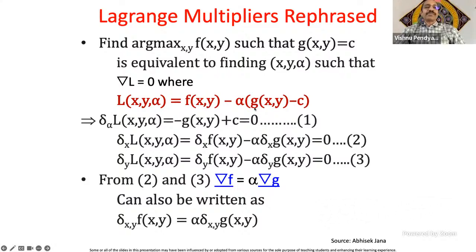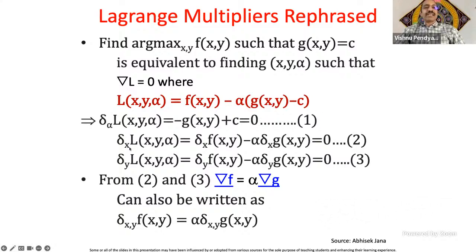Now the second term is basically alpha, the coefficient of alpha here. The derivative of k times x with respect to x is basically k. So in this case, the derivative of alpha times this constant, because there's no alpha, we can consider this as a constant. So we get minus g(x, y) plus c is equal to 0. So that is the first equation.